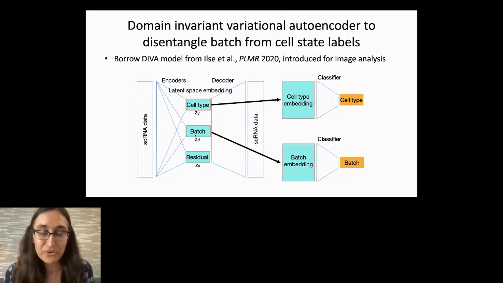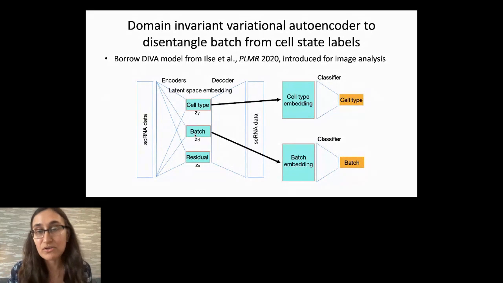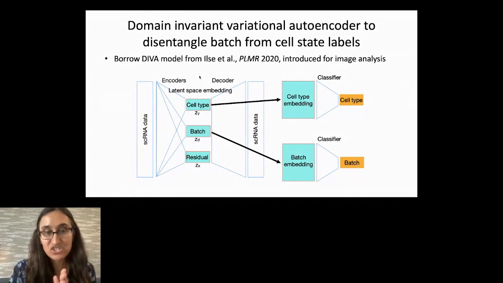A variational autoencoder is a probabilistic version of this approach. It's a probabilistic latent model implemented through a deep learning framework. And in this DIVA approach, we want our latent spaces to disentangle the cell type information from the batch information.